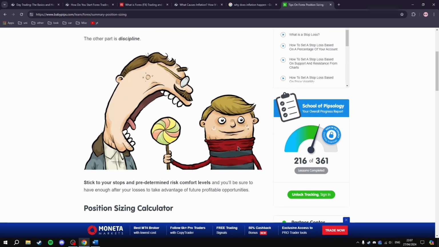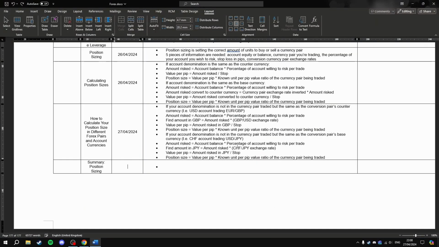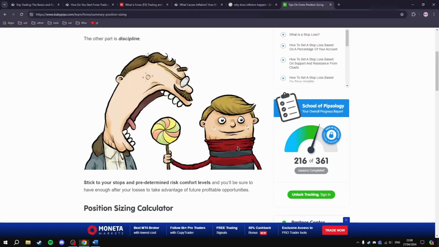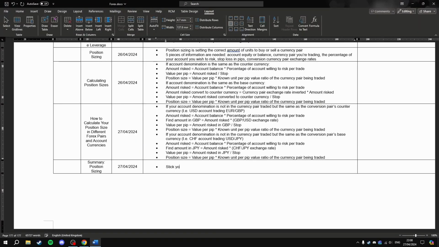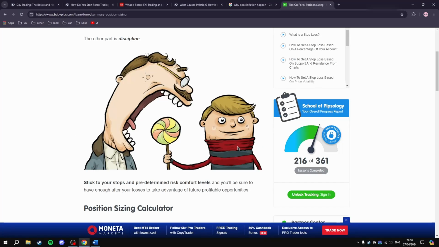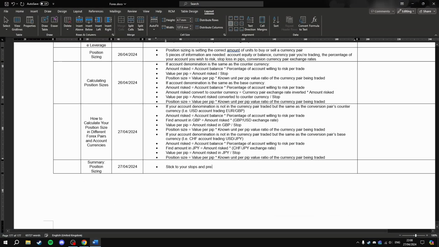Stick to your stops and predetermined risk comfort levels, and you'll be sure to have enough after your losses to take advantage of future profitable opportunities. So, whoa. 7/04/2024. Yep. So stick to your stops and predetermined risk comfort levels.